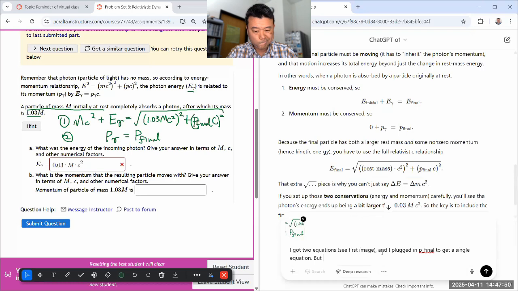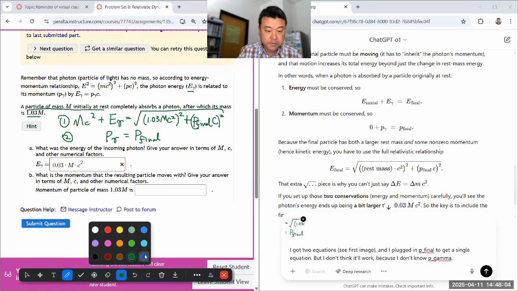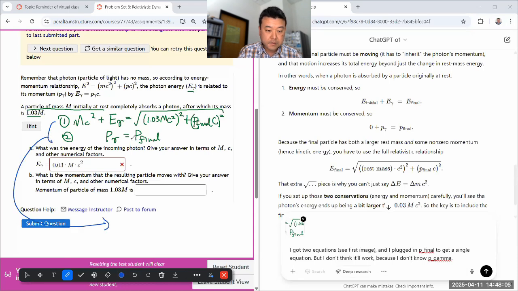But I don't think it'll work because I don't know P gamma. Let me write out that third, combined equation that I can paste in for ChatGPT. Plugging in P final equal to P gamma, you should get mc squared plus E gamma is equal to the square root of 1.03 squared m squared c to the fourth power plus P gamma squared c squared.